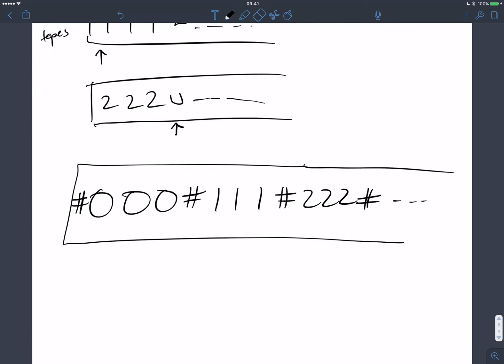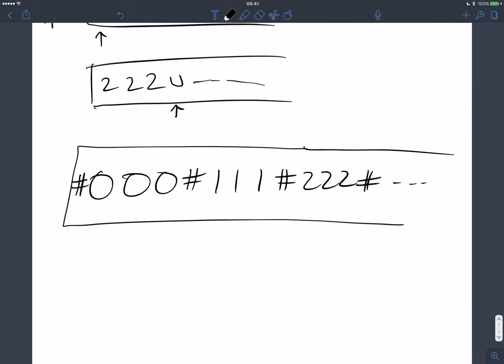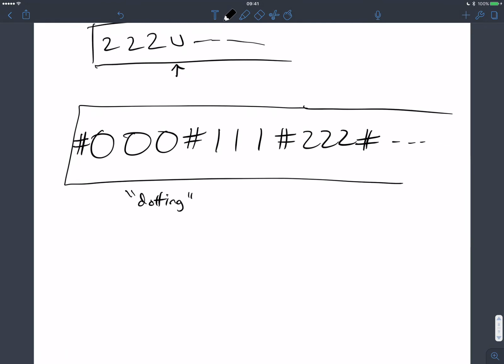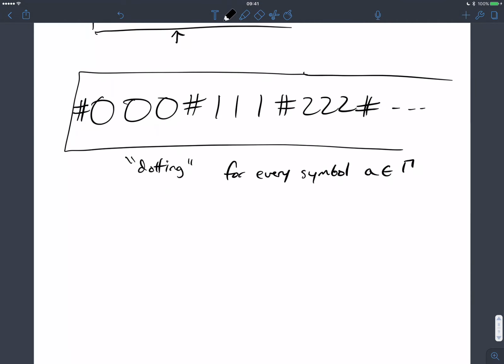So we're going to use a strategy which is called dotting. The idea here is we're going to increase the tape alphabet size by 2. So for every symbol A in the tape alphabet, add a new symbol, A with a little dot on the top.